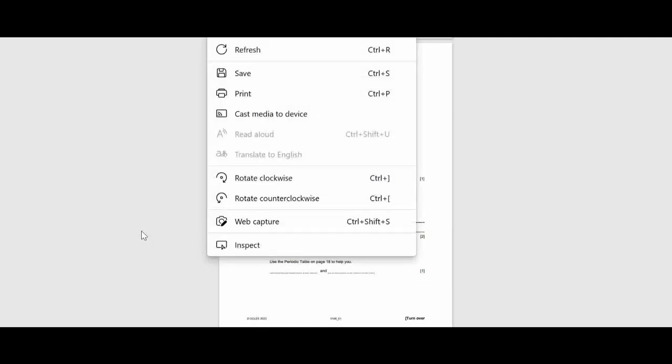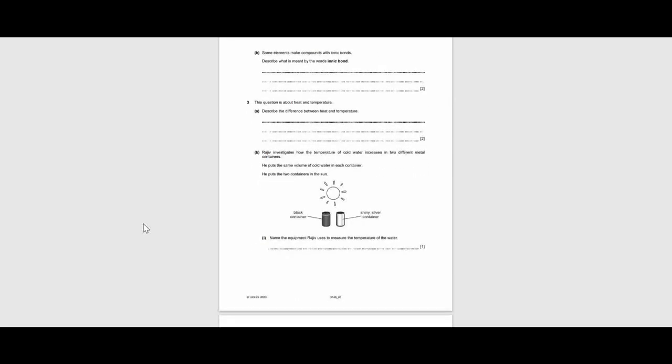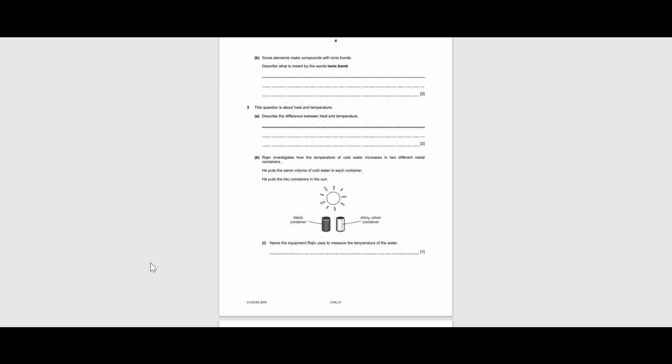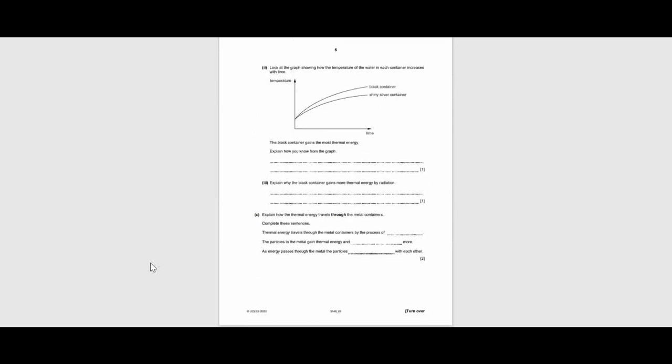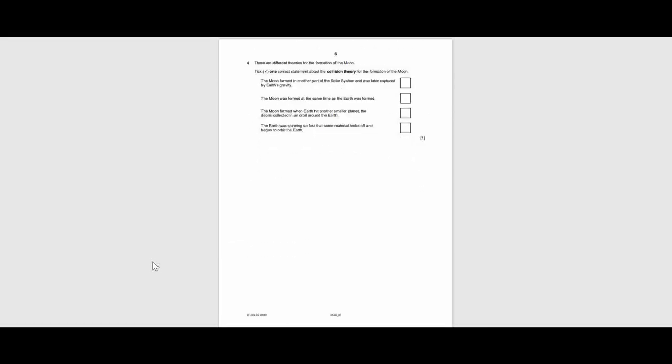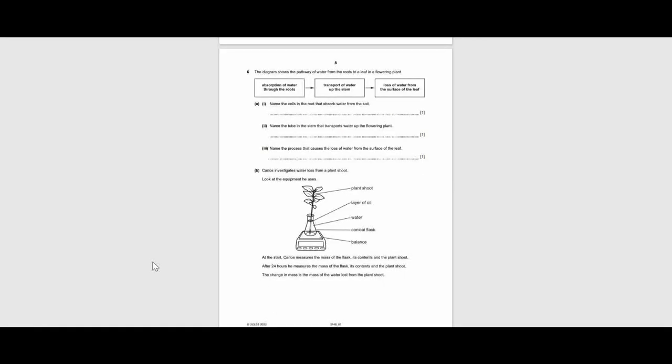Next is the third page question. Next is page 4. Next is page 5. Next is page 6. Next is page 7. Next is page 8.